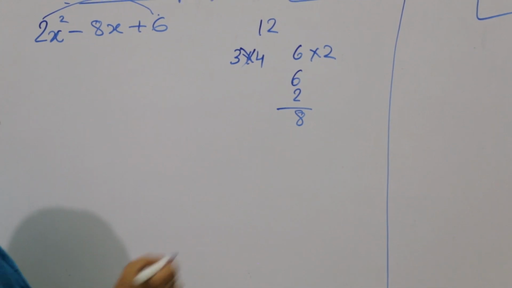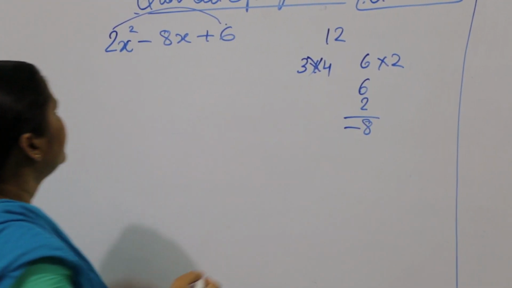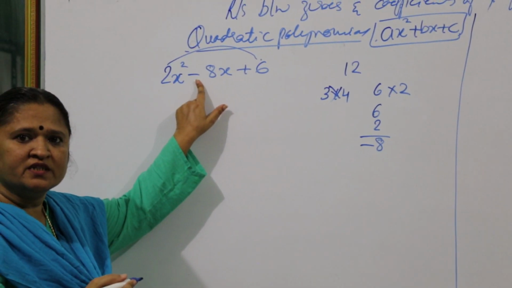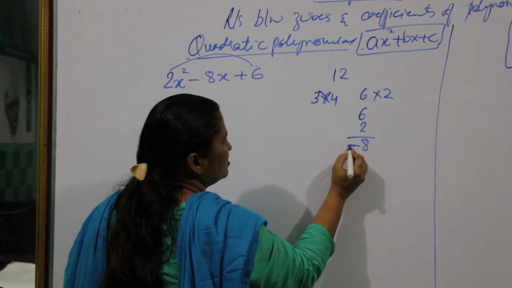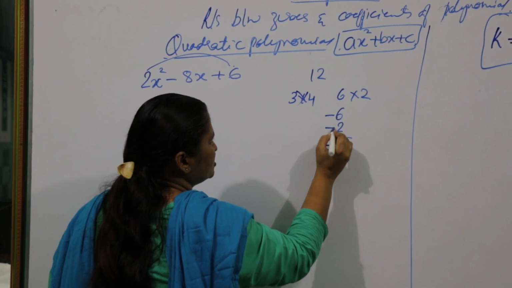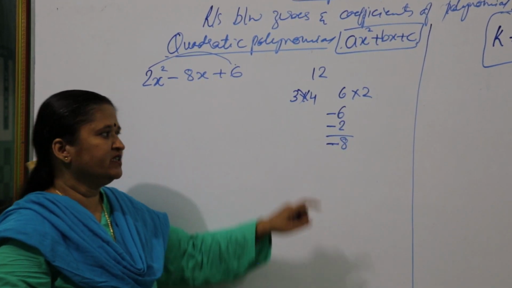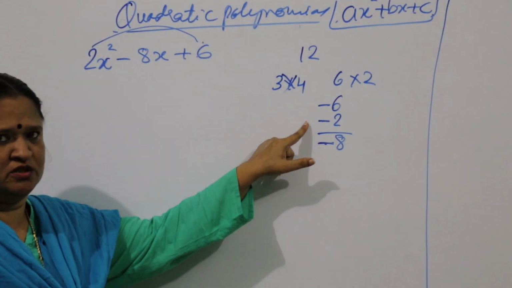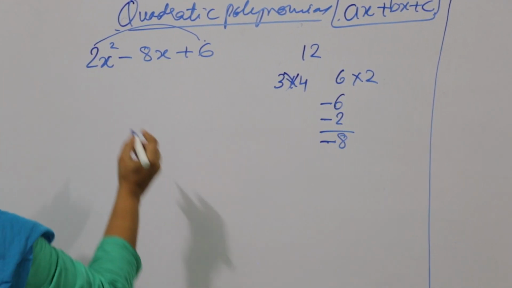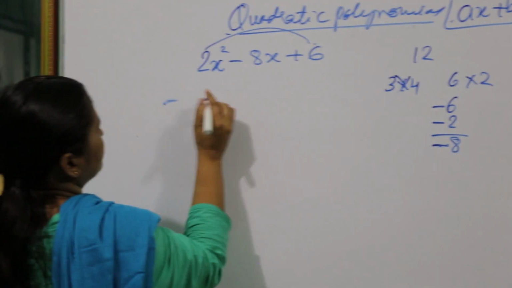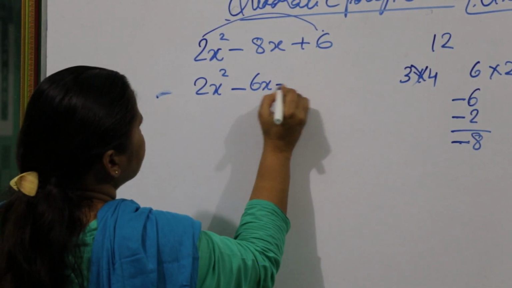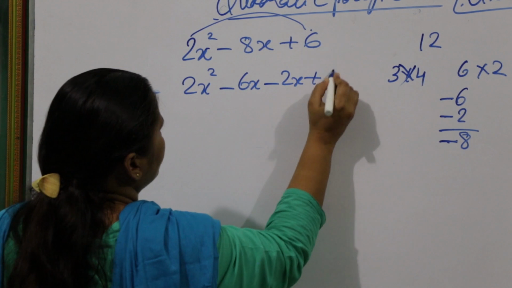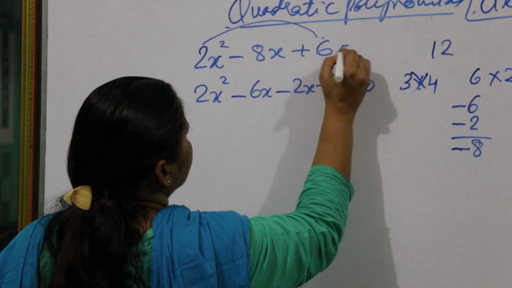But we need minus 8 because our equation has minus 8 as the middle term. So to get minus 8, this should be taken as minus 6 and this as minus 2. So 2x square minus 6x minus 2x plus 6 equals 0.